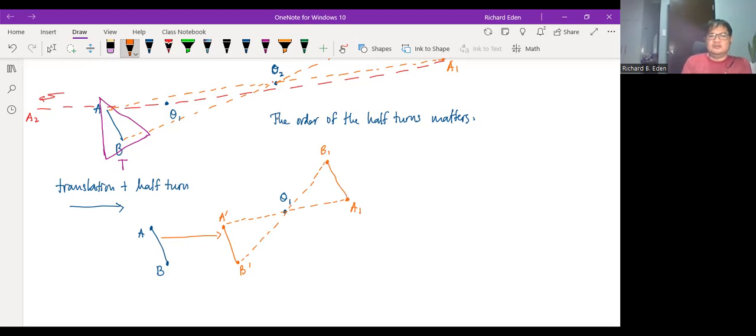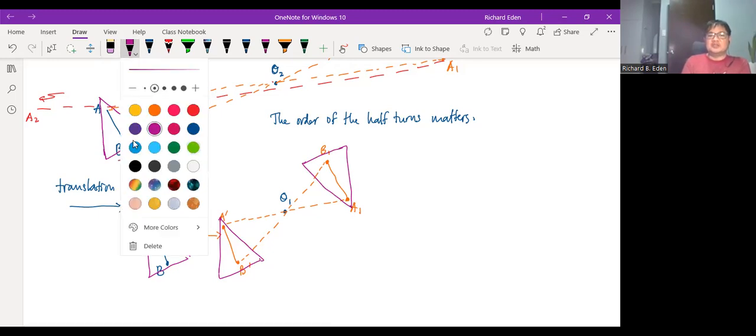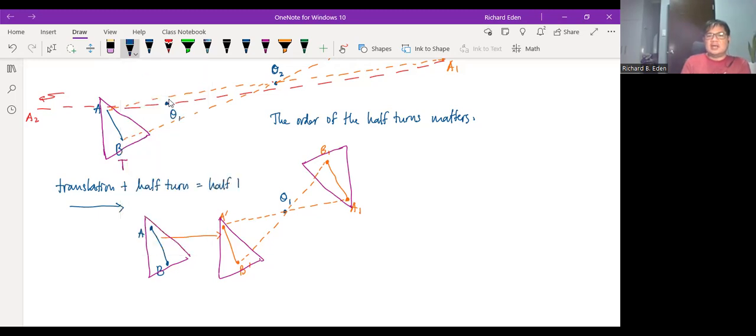Okay, in terms of the purple triangle that I was utilizing earlier, the purple triangle would be translated, but then after the rotation, it's going to turn over. So basically, another rotation. Yes, it's going to be a half turn, at a different center. And then where is the center going to be?